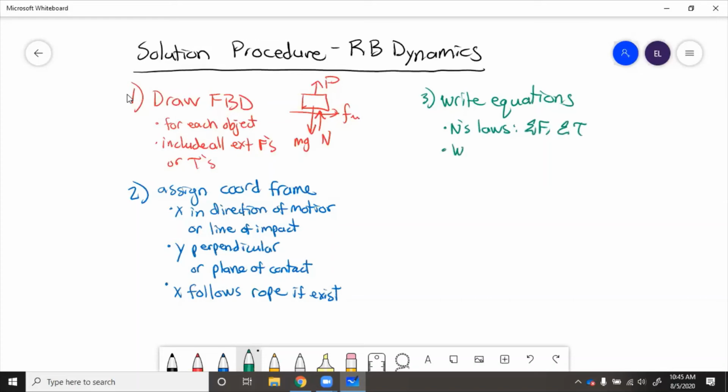It could be work and energy: energy at 1 plus work 1 to 2 equals energy at 2. It could be impulse and momentum. Or it can be Lagrange's equations, which is derivative of work and energy.